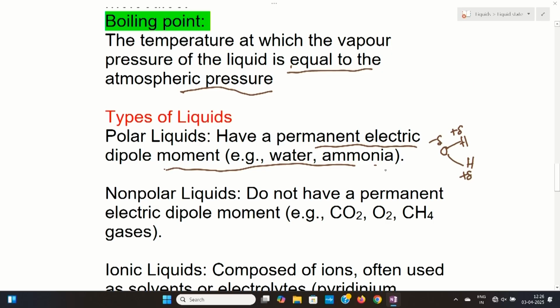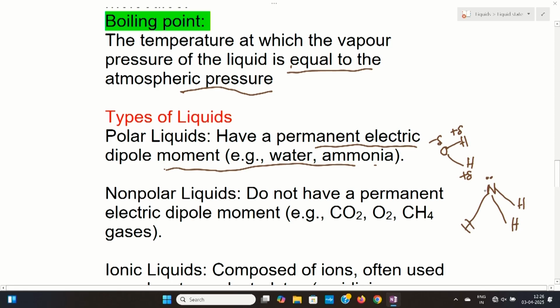Our next example is ammonia. When we look into ammonia, the structure of ammonia is like this. Here the nitrogen is electronegative. Because of that, this nitrogen gets a partial negative charge, and each of the three hydrogens gets a partial positive charge.